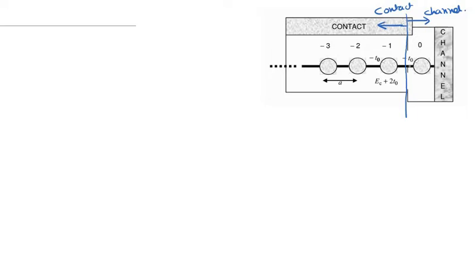Note that if this channel atom was not coupled to the contact, what would Schrodinger's equation look like in discrete or matrix format? It would be just E psi equals EC plus 2T0 psi.